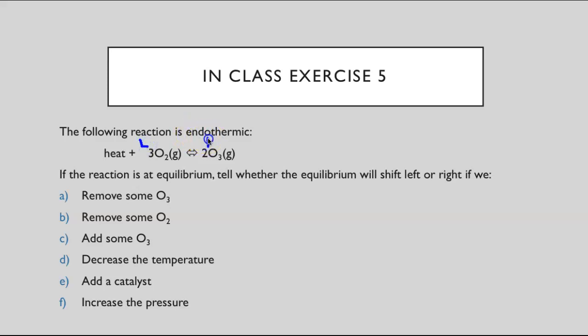This is the right side of the equation. The products are on the right, the reactants are on the left. So if we remove some O3, O3 is on the right side, so the reaction is going to shift to the right. Because again, if you remove something, the reaction shifts toward that side. It wants to make more of it.